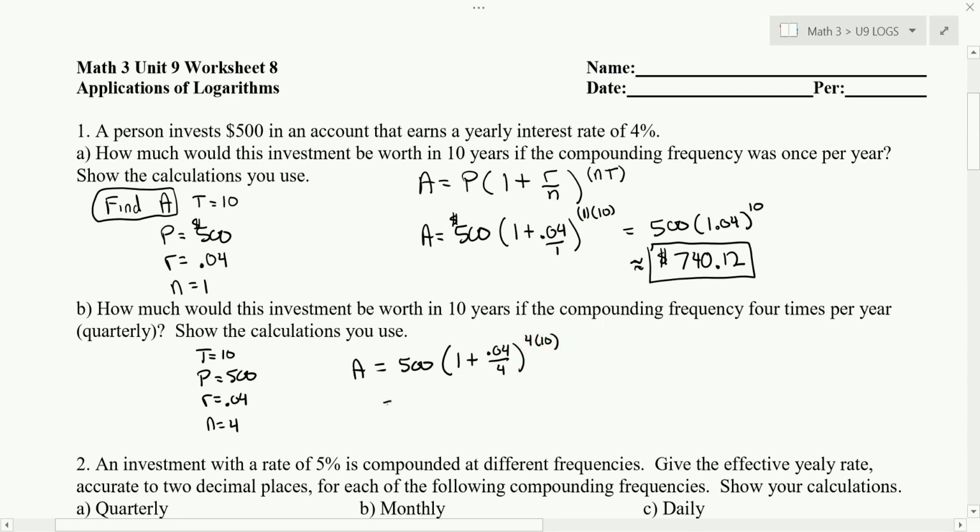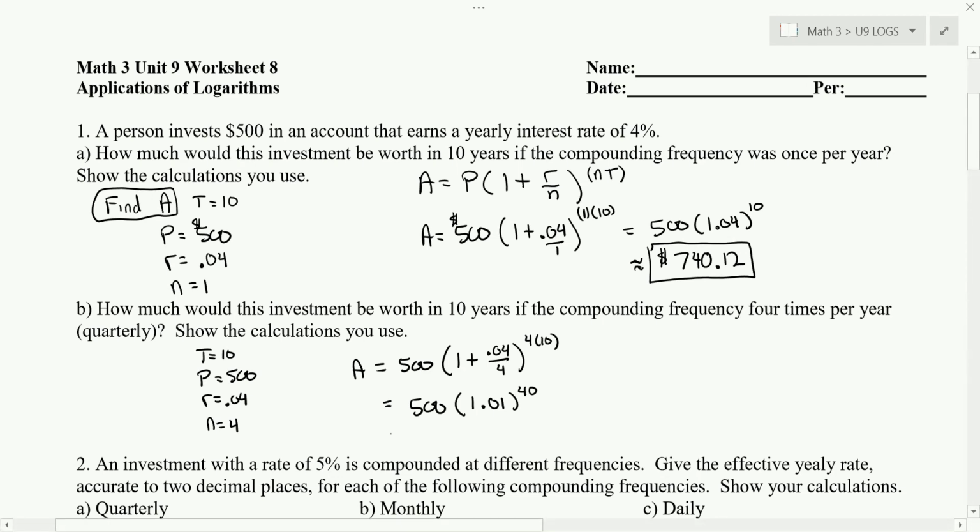And so that's going to be 500 times 1.01 to the power of 40. So 1.01 to the power of 40 you find first. After you find that, multiply that by 500.